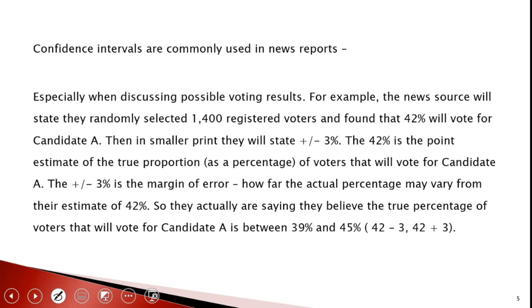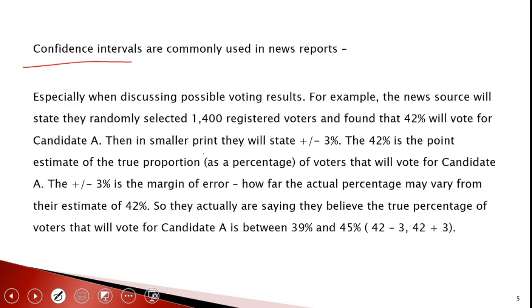I know you have seen this before, but you may not remember it right now. We have used confidence intervals in so many places, like in news reports. Sometimes they interpret their values using a range.